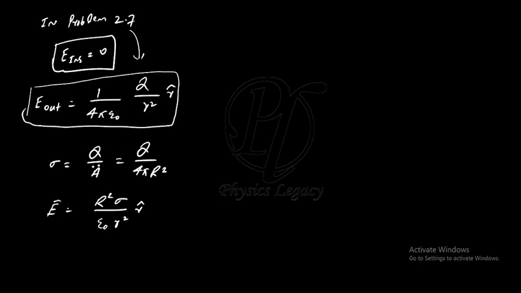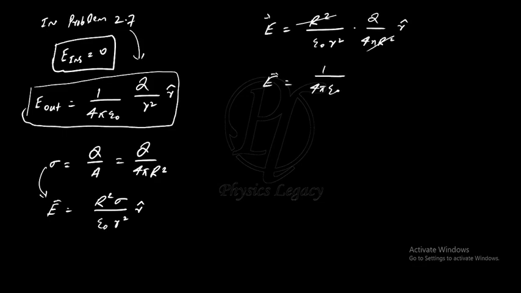We just put this relation into this equation. So we have E is equal to R square over epsilon naught r square into q over 4 pi R square into r unit vector. R square cancels with R square, so we have E equal to 1 over 4 pi epsilon naught q over r square into r unit vector.